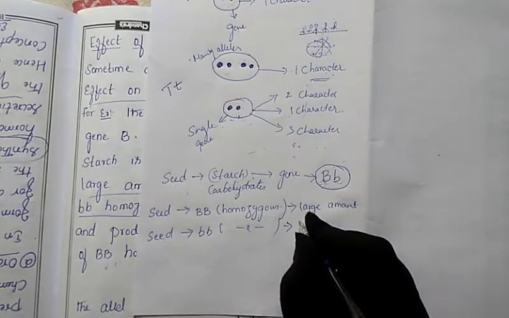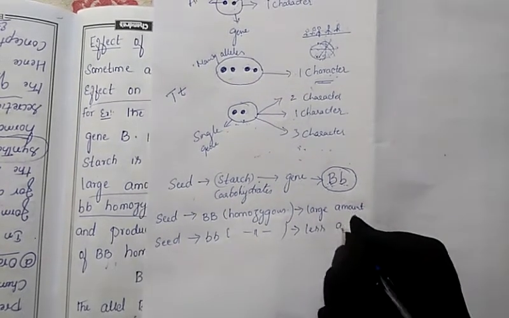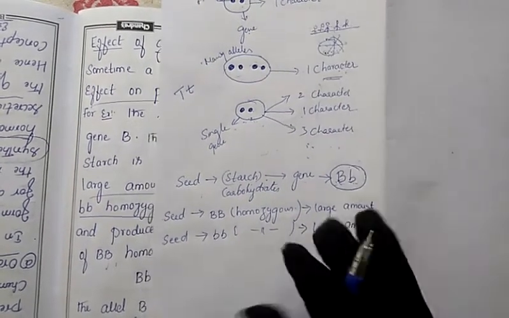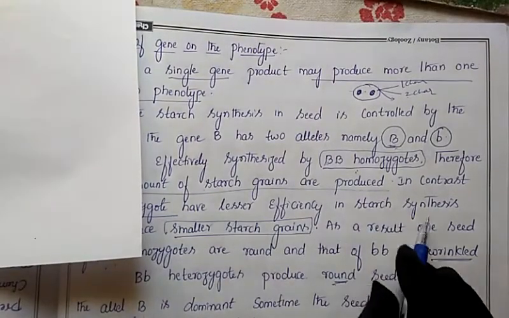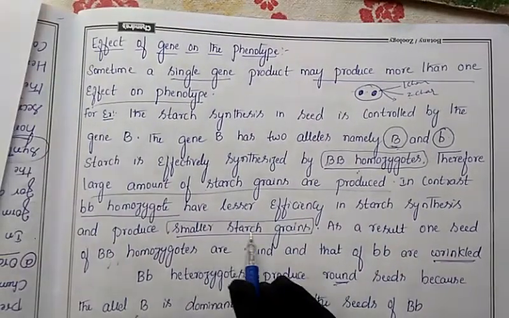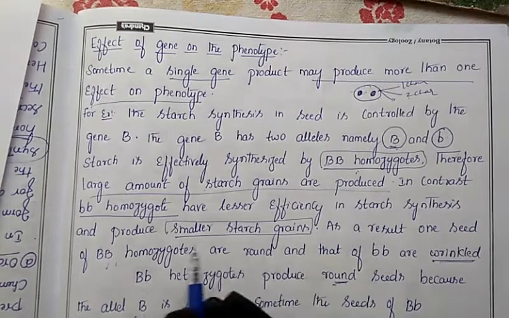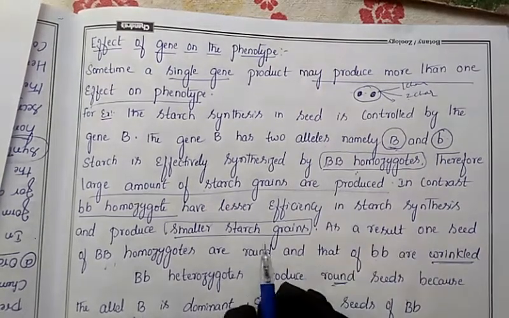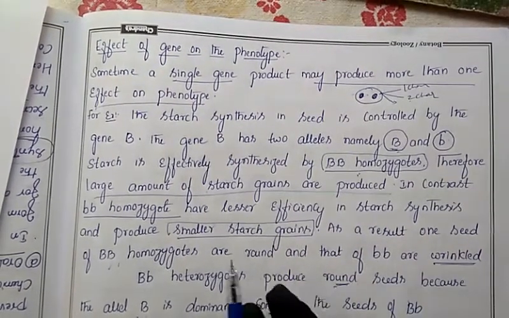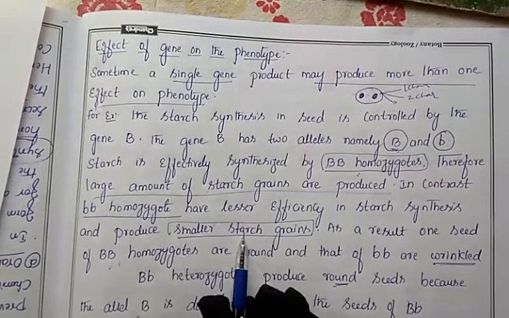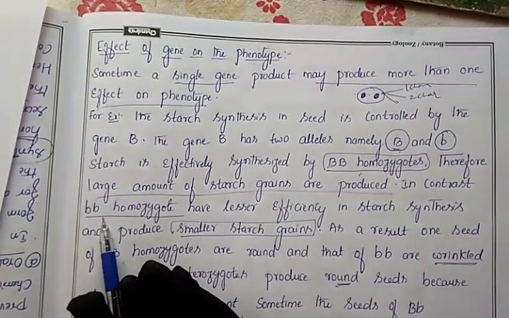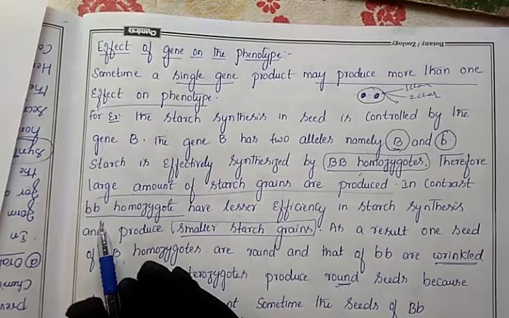Less starch synthesis will be present here, so smaller starch grains will be produced. Grains, which we call anaj, that means seeds. These seeds contain a small amount of starch because they are homozygous in the recessive condition.